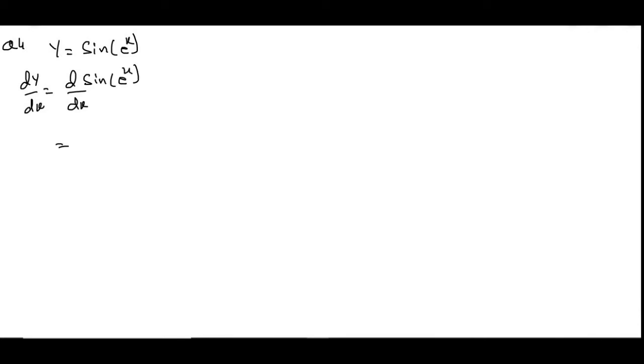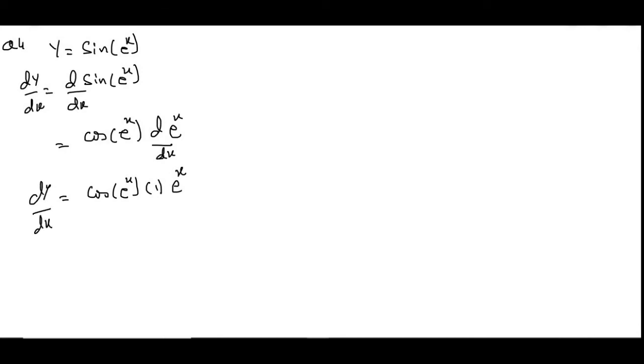We have the derivative of sine, which is cos, the angle is e raised to power x, and then we are going to take the derivative of the exponent e raised to power x, and we have cos e raised to power x into 1 and e raised to power x, as we have used the formula for the derivative of the trigonometric function. So finally we have e raised to power x cos e raised to power x, and this is dy by dx.